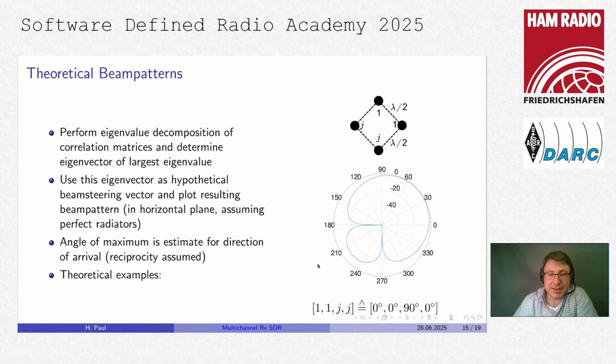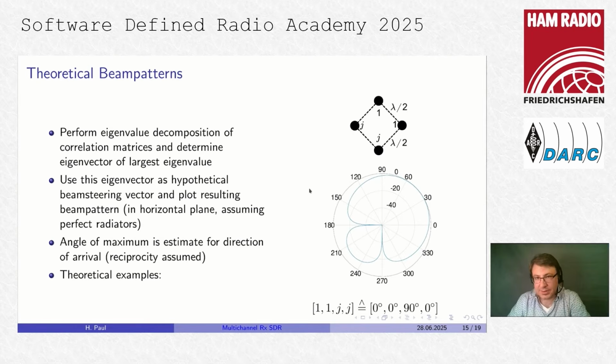Means if we now plug in our largest eigenvector, the eigenvector connected to the largest eigenvalue, we will get a beam pattern, and the maximum of this beam pattern will relate to the direction where the wave actually came from.